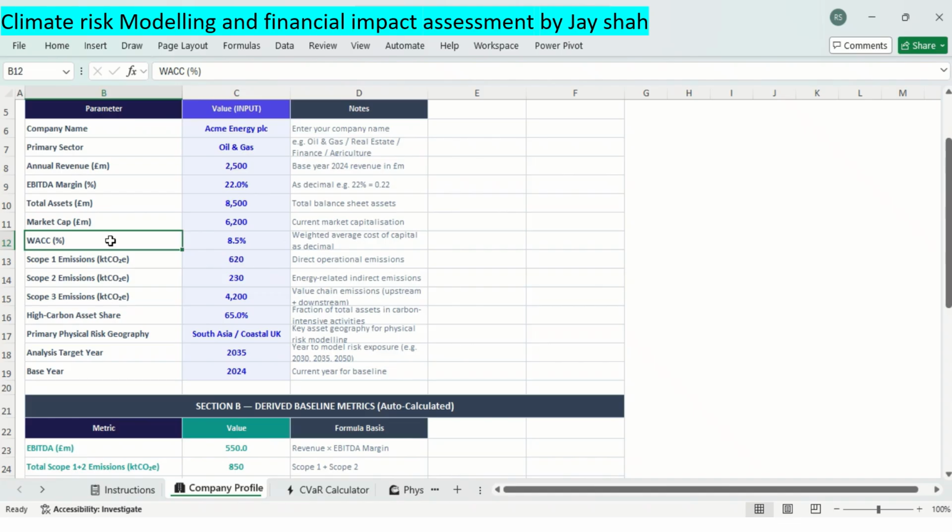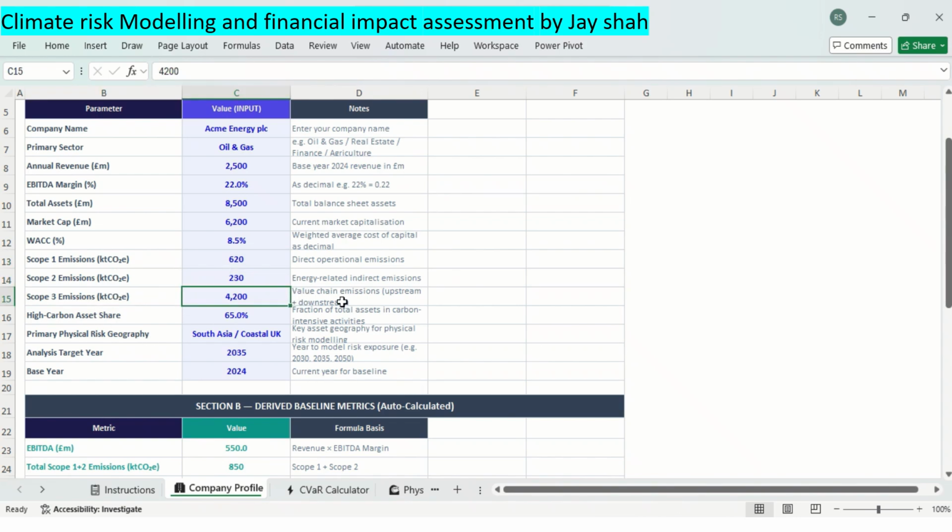For the technical metrics of scope 1, scope 2, and scope 3: scope 1 covers direct operational emissions, added to scope 2, energy-related indirect emissions, to give the total carbon liability for carbon cost calculations. Together they give 850 tons of CO2 equivalent, which is the basis for the carbon cost exposure.